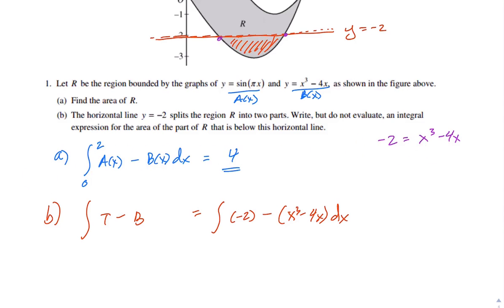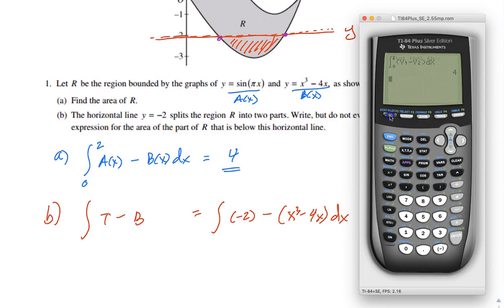So in our calculator, I'm going to plug it in instead of solving by hand. I could get rid of this equation now. I don't really need it. I'm just going to put -2 in instead. So there's -2, and there's this thing. Again, I want to find where they cross. So second calculator, intersection.